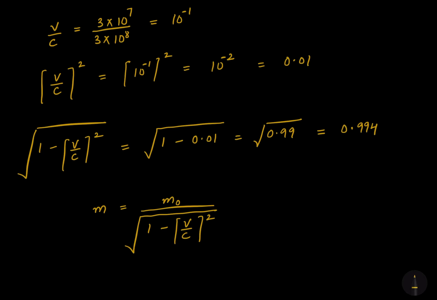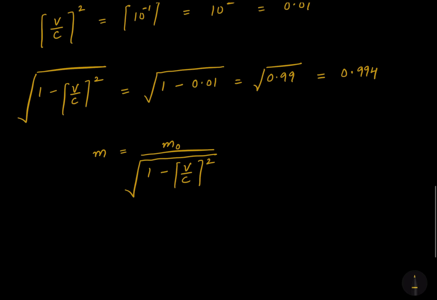So m is equal to m naught divided by 0.994, which means the mass of the particle moving with a speed comparable to that of light is the rest mass of the particle divided by 0.994.